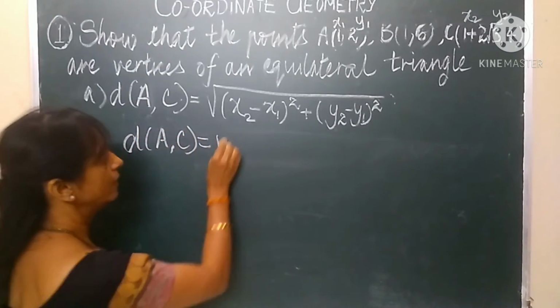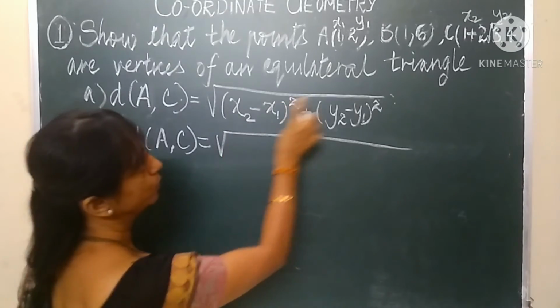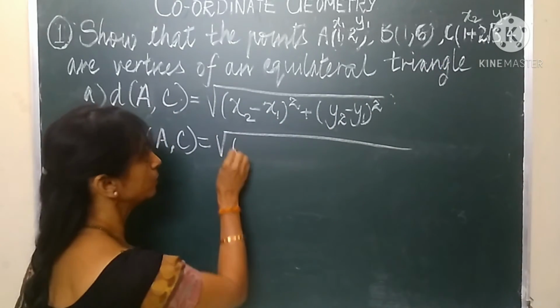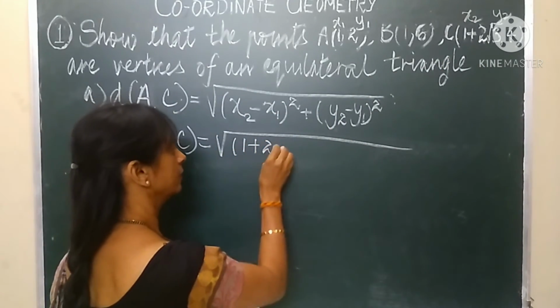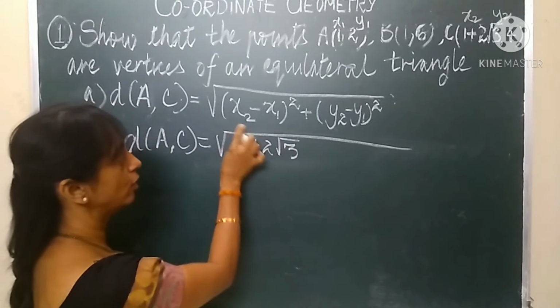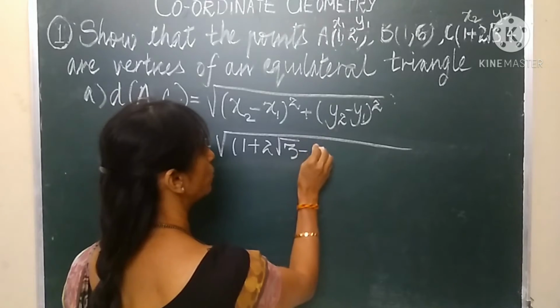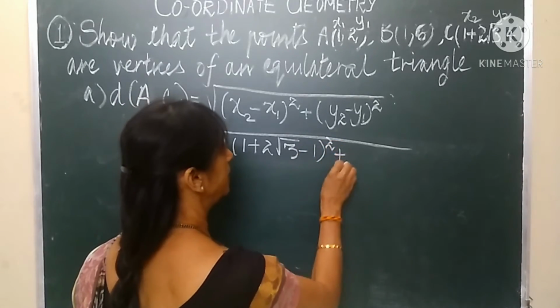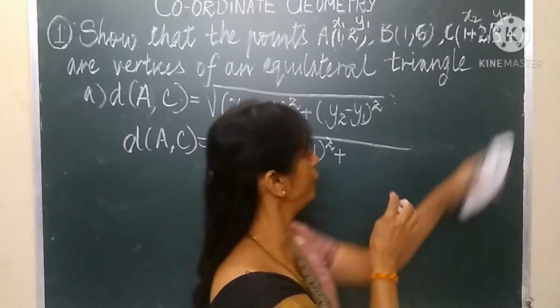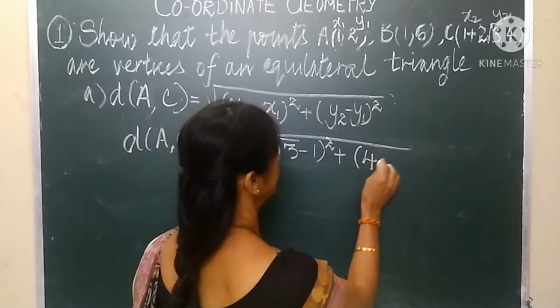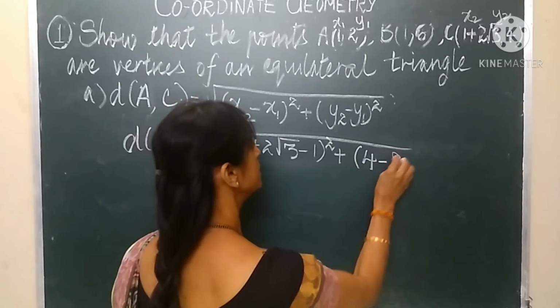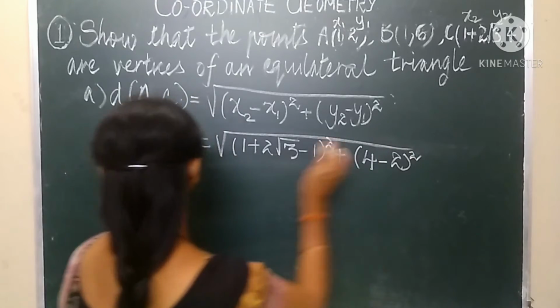So let's substitute as we have already done in the earlier cases. Distance AC will be equal to x2, that is 1 plus 2 root 3. Let's be careful as it's a binomial. So this is x2 minus x1, that is 1, the whole square, plus y2, that is 4, minus y1, that is 2, the whole square.